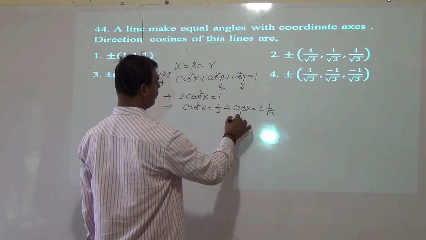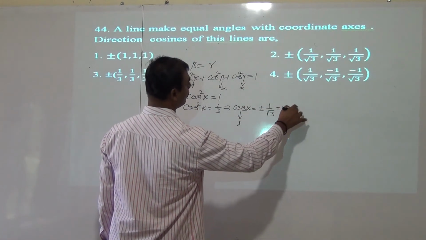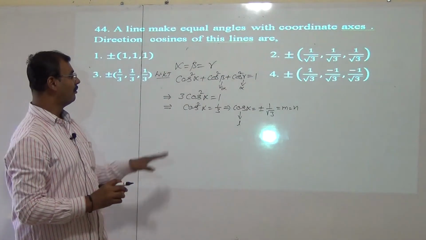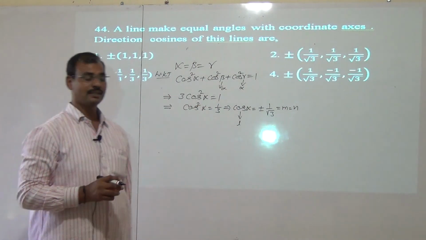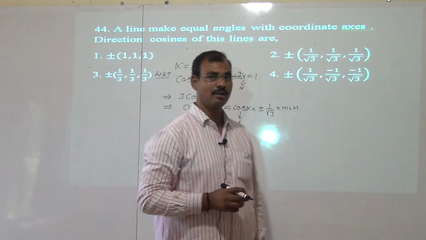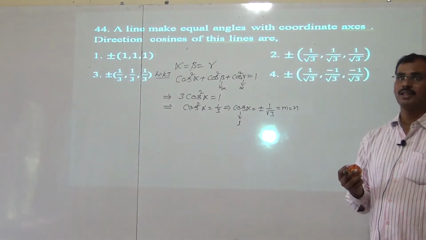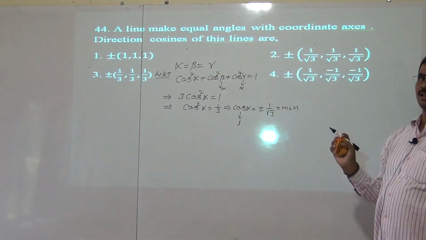Cos alpha meaning what? L. It is also equal to m. It is also equal to n. Therefore, direction cosines are plus or minus 1 by root 3, plus or minus 1 by root 3, plus or minus 1 by root 3. Sometimes they ask plus or minus, sometimes it may not be given, no problem.